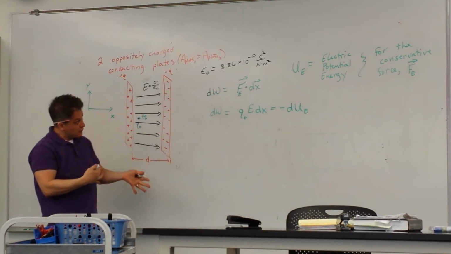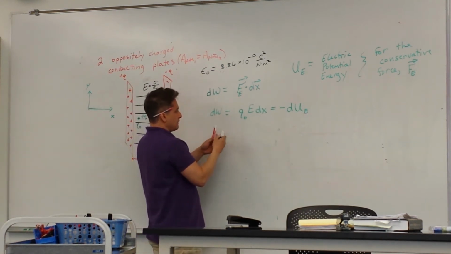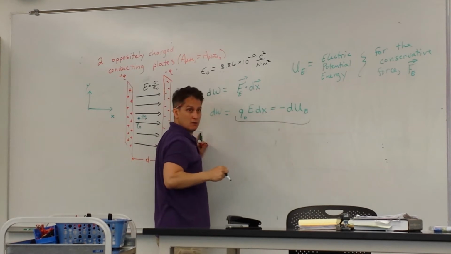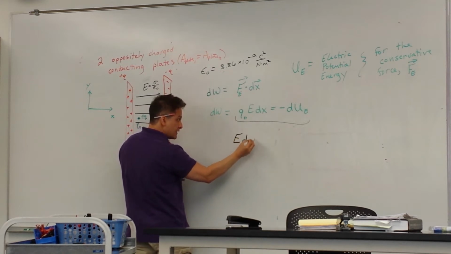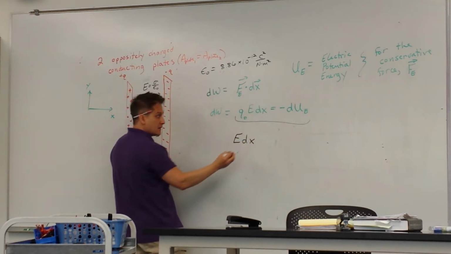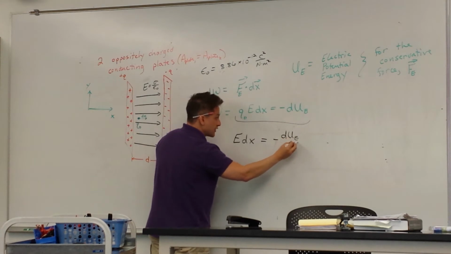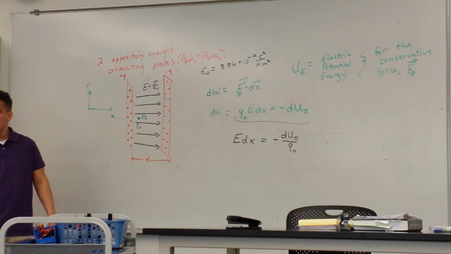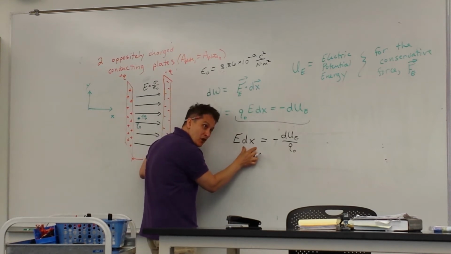And first thing I'm going to do is note that if I divide both sides by Q, I just take this relationship and divide by Q, then I can say that this quantity, E dx, in this case, should correspond to minus d, the change in the potential energy, divided by Q. In other words, potential energy per unit charge corresponds to the movement of a charge within an electric field a certain distance.